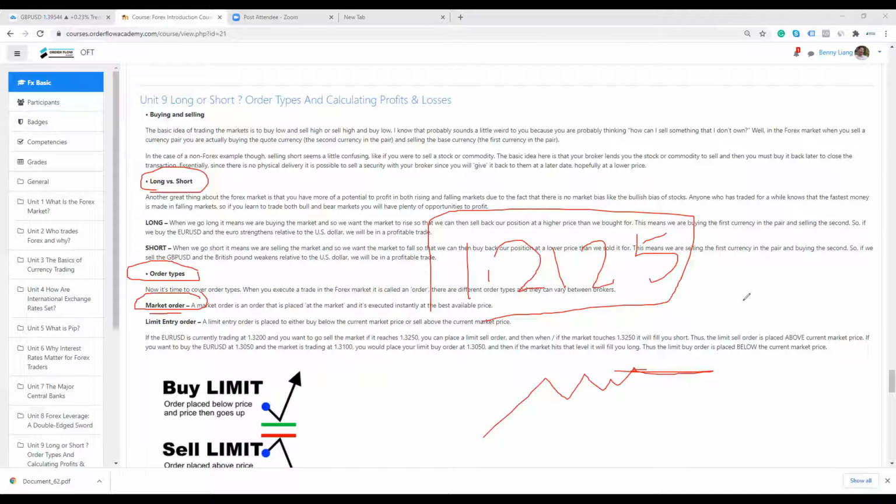But when your order gets filled, it will not necessarily fill at 1.2125, because when you put a market order, you are basically telling the broker, I do not care what price you get me, so long as you get my order filled. So in other words, when you put a market order, there is a sense of urgency that you want to get into the market. So usually the broker will give you a very bad price.